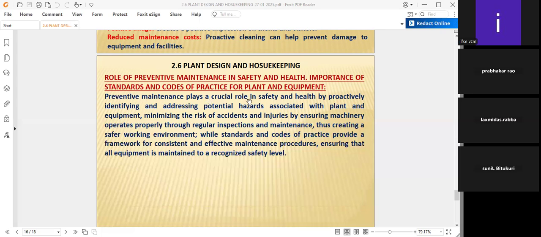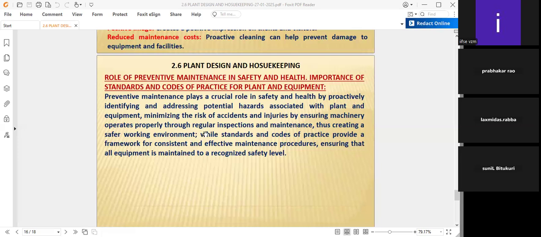Preventive maintenance plays a crucial role in safety and health by proactively identifying and addressing potential hazards associated with the plant and equipment, minimizing the risk of accidents and injuries by providing controls and ensuring the machinery operates properly through regular inspections and maintenance, thus creating a safe working environment.